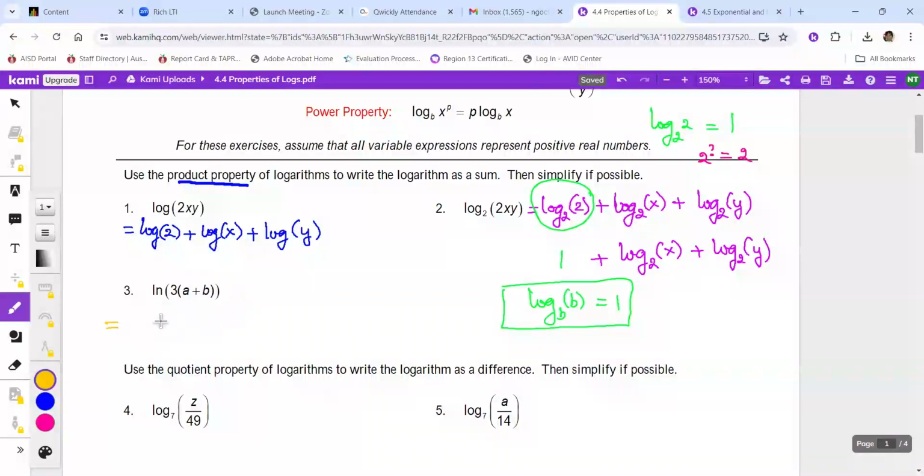So 3 times the sum will be natural log of 3 plus natural log of the sum a plus b. Now we stop right here. Don't try to use the product property on natural log of the sum a plus b, because we cannot. a plus b is not a times b. Okay, so we stop.